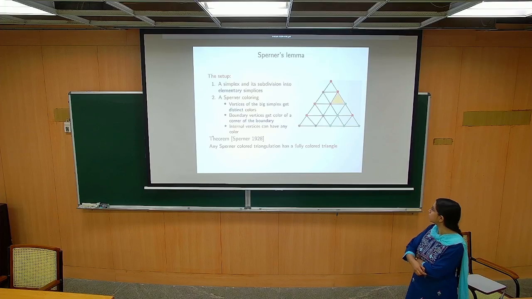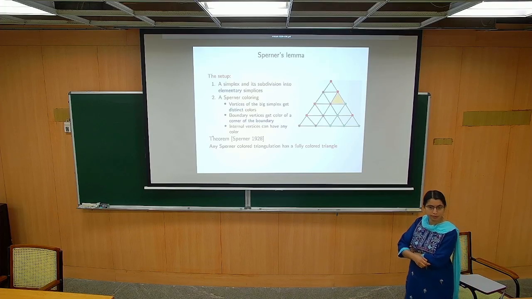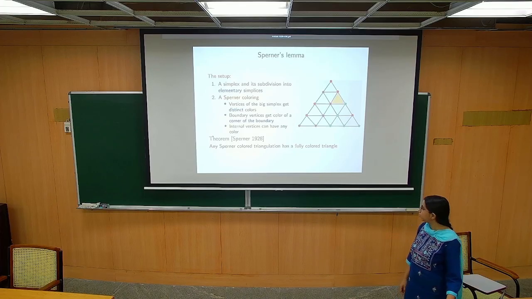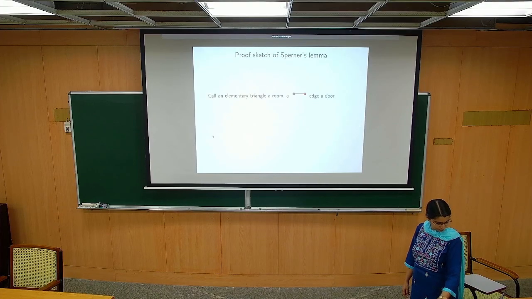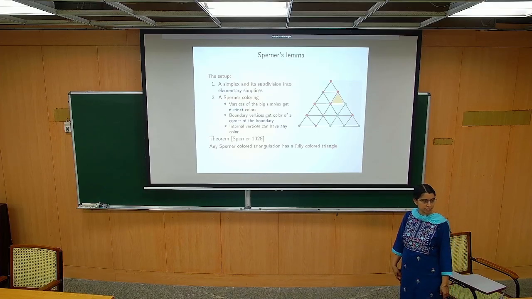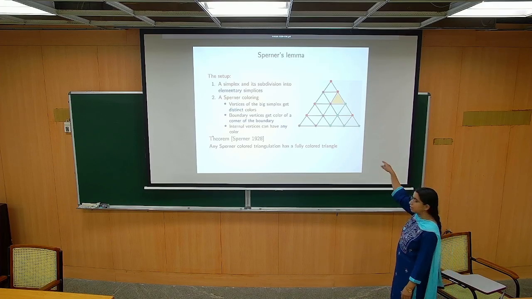Any questions about the coloring? So I will give a proof sketch of this lemma before we relate it to cake division. How to color the triangles inside? Any of the three colors can be assigned to the internal vertices. Only the boundary has a constraint.